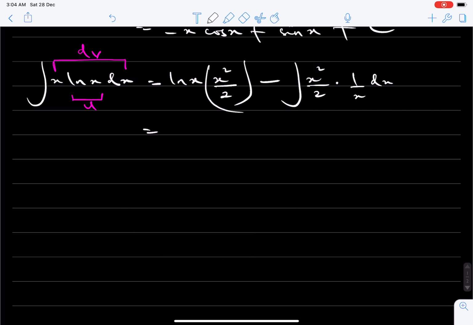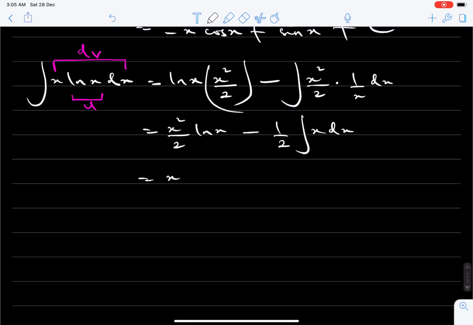So we can proceed. This means x squared over 2 ln x minus 1/2 multiplied by the integral of x dx, since x squared divided by x is x.